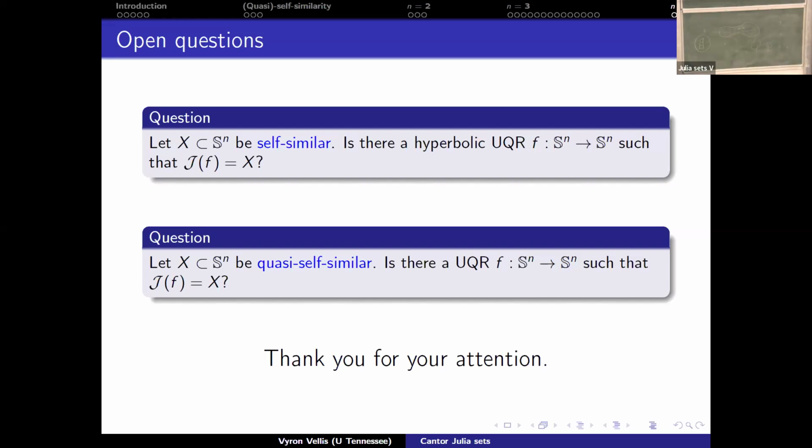At the beginning of your talk, you mentioned realizing Cantor sets as Julia sets of rational functions. I was wondering if it's easier, instead of being the whole Julia set, to just be a subset, so that each connected component is a connected component of the Julia set. Like for example, take the Sierpinski triangle. Is it possible to find rational functions for which this is a connected component of the Julia set, or is it clear that this cannot happen?